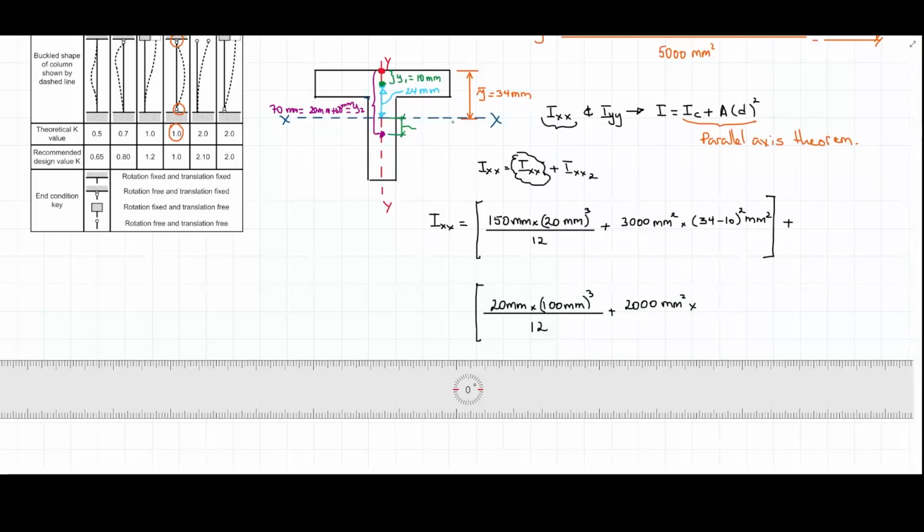To know that, I need to know, for example, the complementary distance from here up to here. It would be easier to know it that way. This is 120 minus 34, which gives me 86 millimeters.